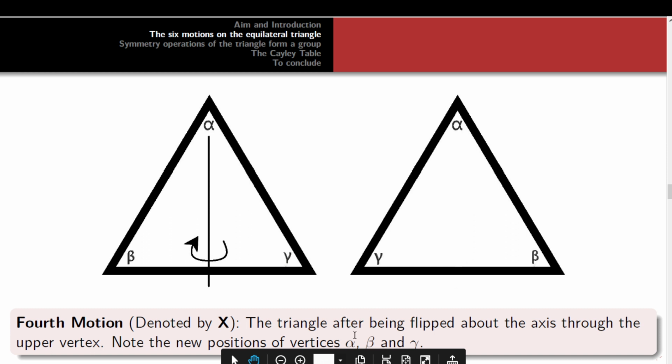So the triangle formed is by flipping about the axis through the upper vertex. Note the new positions, and we have discussed the same. So that's an end to the fourth motion. Let's see what is the next motion.